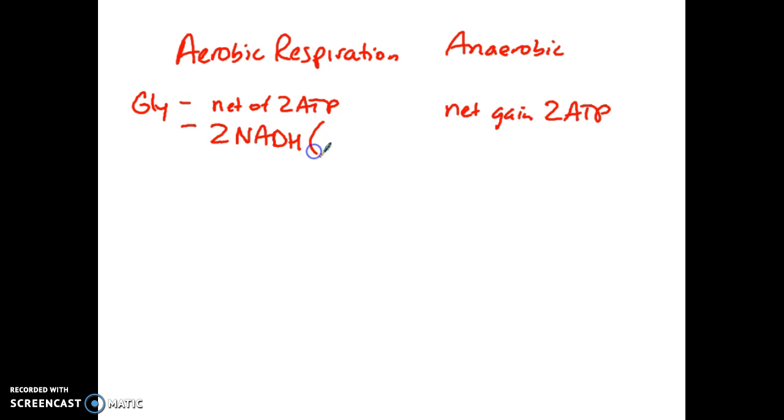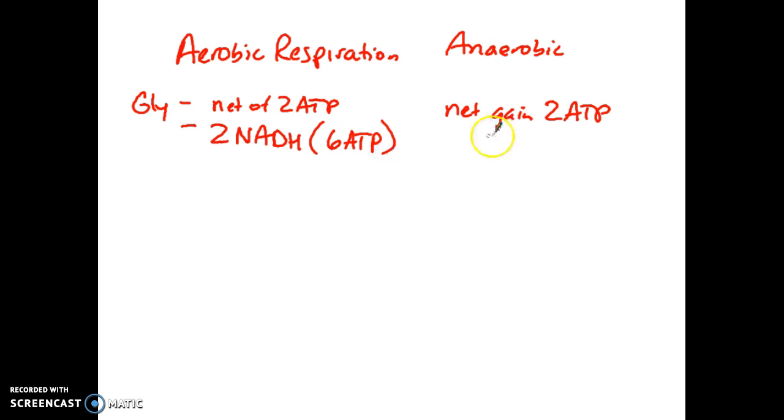If you remember, the NADH will go to the electron transport chain in aerobic respiration, and the currency is basically saying for every one of these, you get 3 ATP. So we basically got 6 ATP.